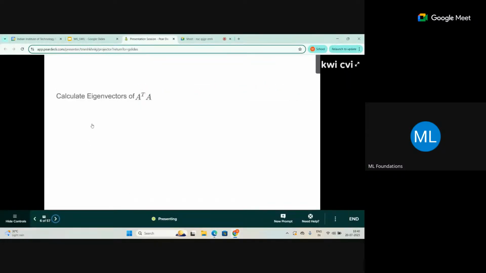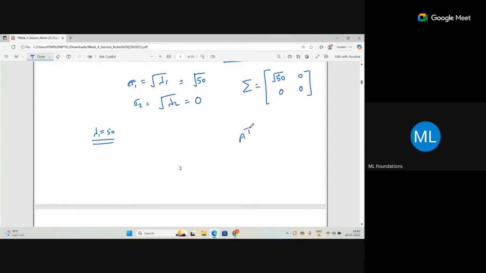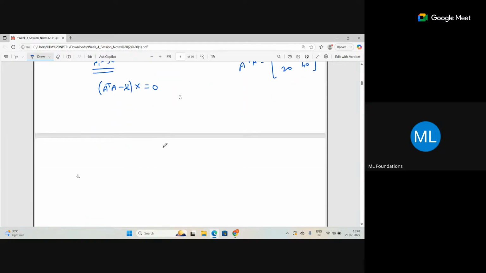So the next step is to calculate the eigenvectors of A transpose A. My A transpose A matrix was, I think, 10, 20, 20, and 40. So for lambda equals 50, how do we find its eigenvectors? It has to be A transpose A minus lambda I, times x, equals 0. We have to solve this characteristic equation.